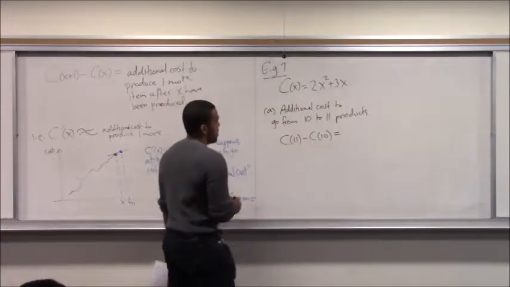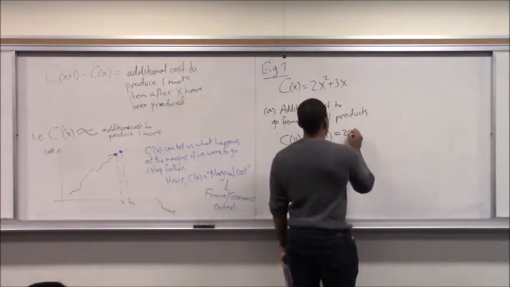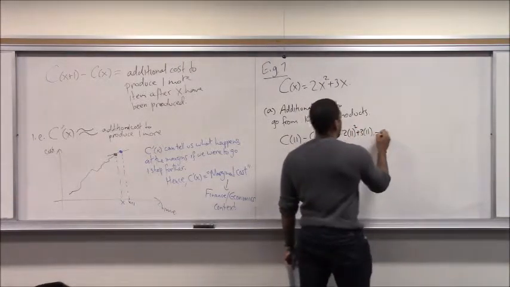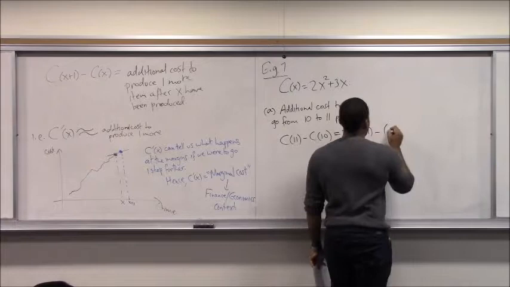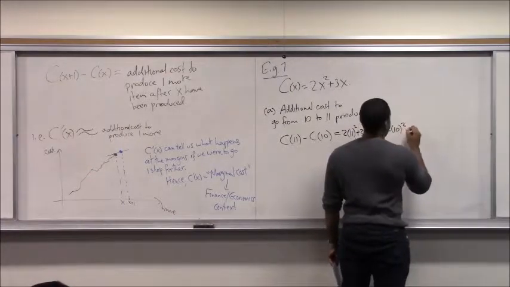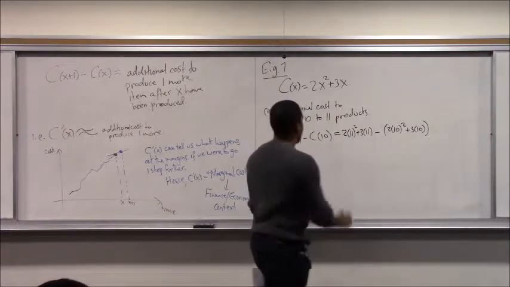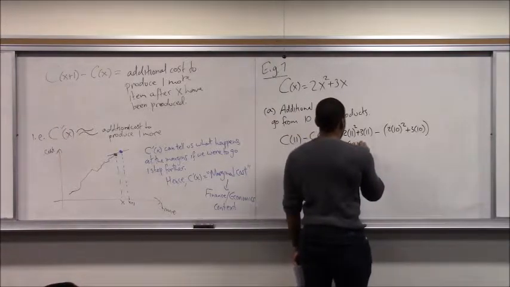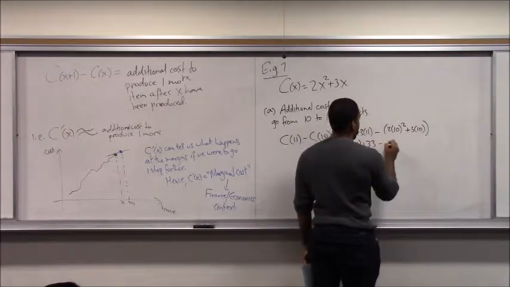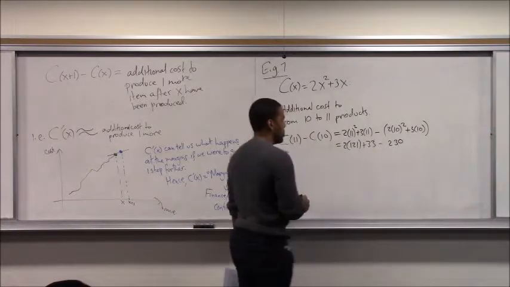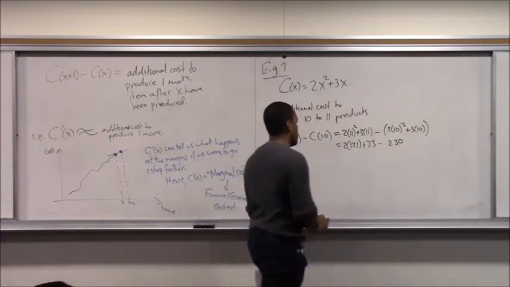And so that would be 2 times 11 squared plus 3 times 11 minus 2 times 10 squared plus 3 times 10. This would be 2 times 121 plus 33 minus 230. Right, that's 200 plus 30.